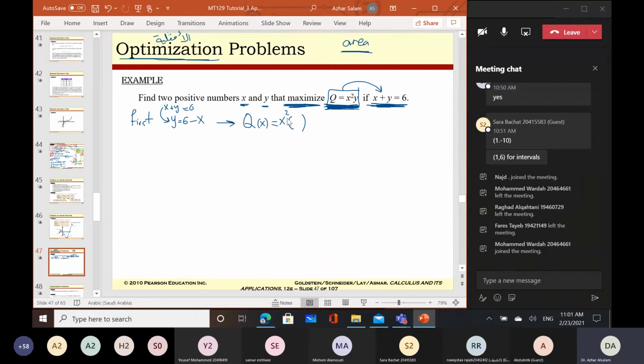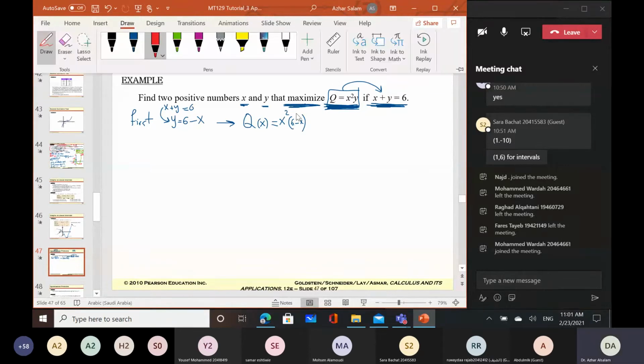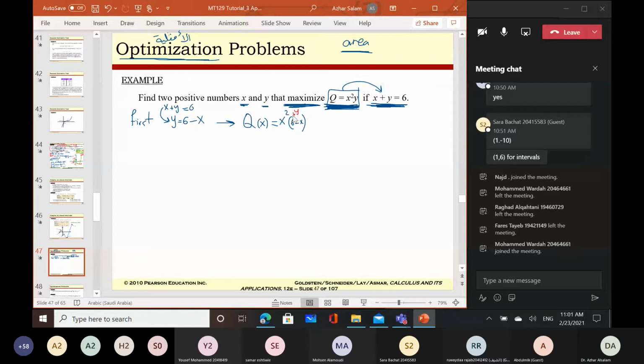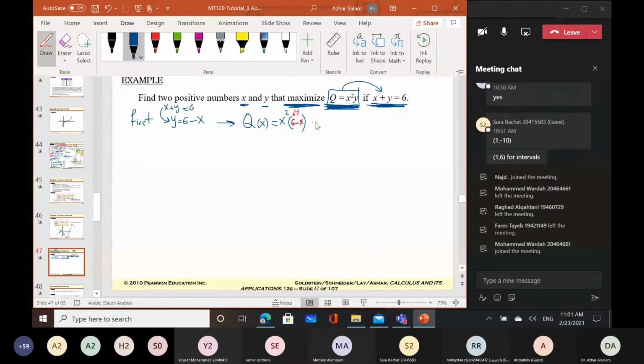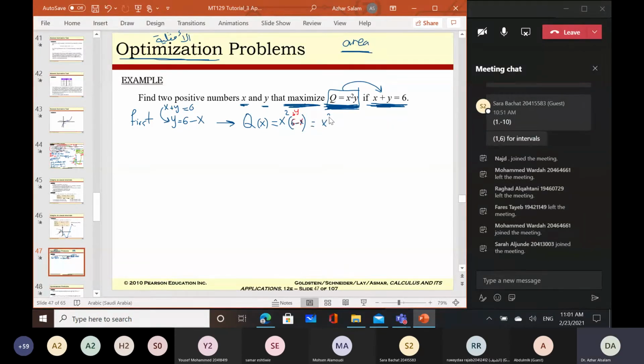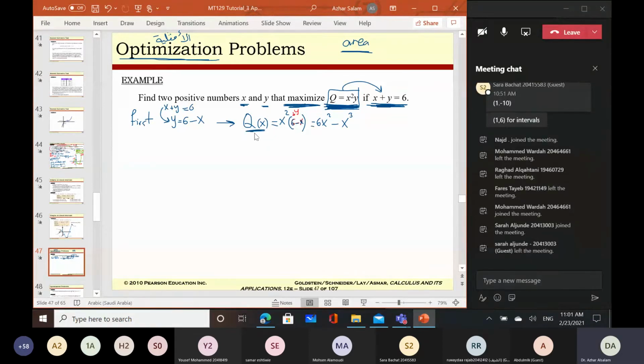I said that y is 6 minus x. Instead of y, I will write 6 minus x. Then simplify: x squared multiplied by 6 minus x to the power 3. This is the function Q of x.